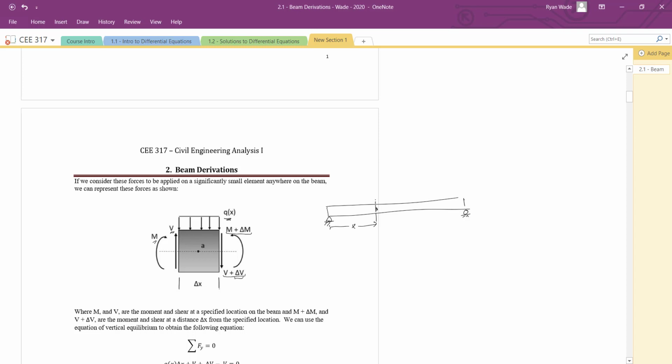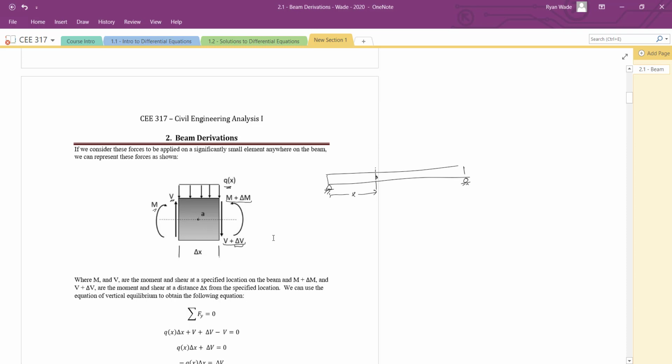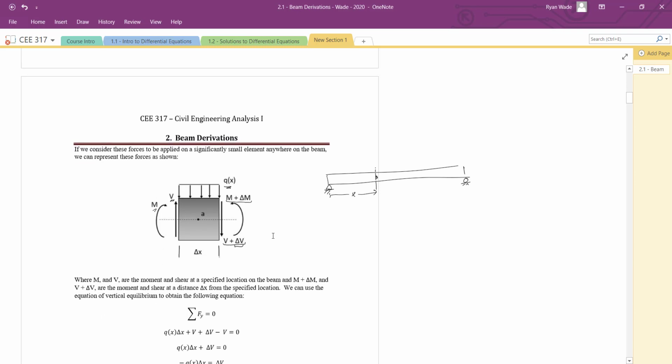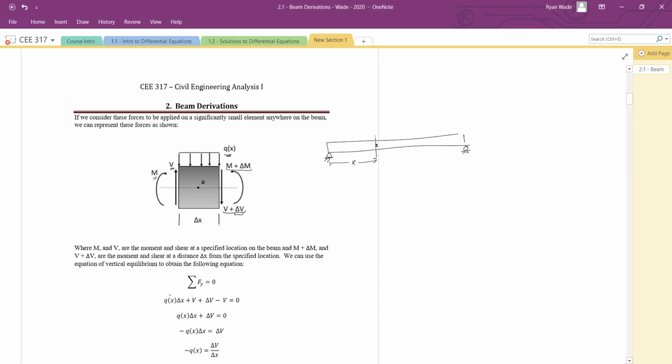So we're going to take a section across the neutral axis of that element, and put a point in the middle of that element called A. Basically, if we use our equations of equilibrium, the sum of the forces in the y direction, moving top to bottom and then left to right: Q at X is just our resolved load.